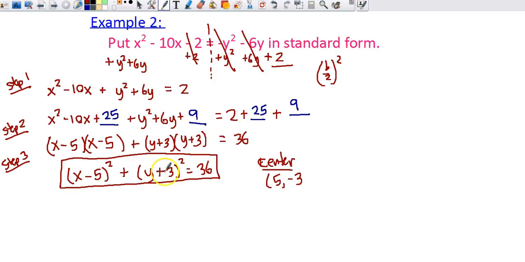Change the signs, opposite. The radius is going to be the square root of 36. And there you have it.